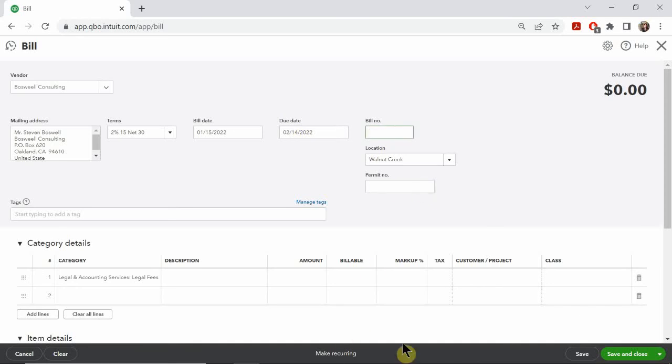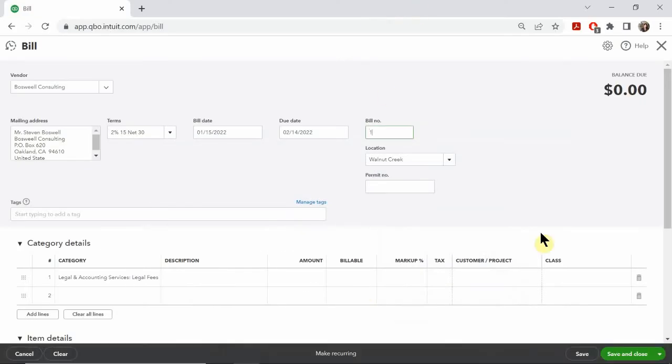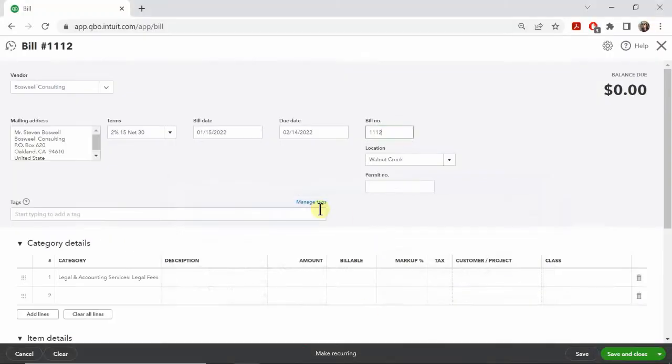Do I have a bill number? I believe I do. Bill number 1112. Okay. And who is this for? I believe it's for both overhead, so both San Jose and Walnut Creek locations. Okay, because you're seeking professional help here. Okay, accounting, advising, legal, and fees.